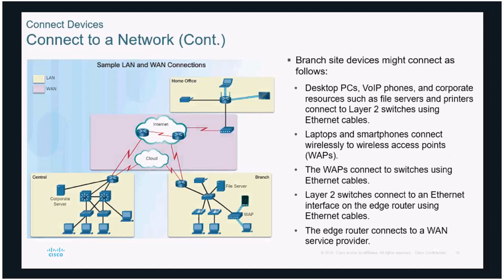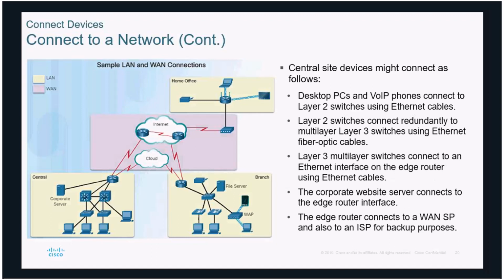The layer 2 switch connects to an internet interface on the edge router using Ethernet cable. The terminology for this device is an edge router, one that's right on the edge. This edge router connects to a WAN service provider. This red line is that WAN connection. It also connects to the central office.